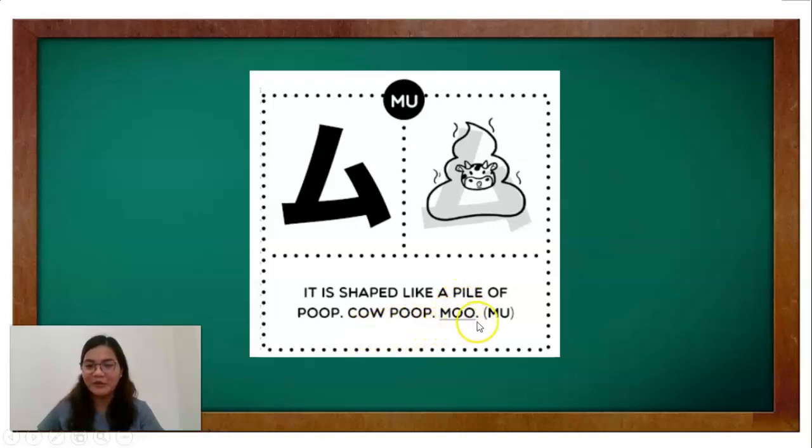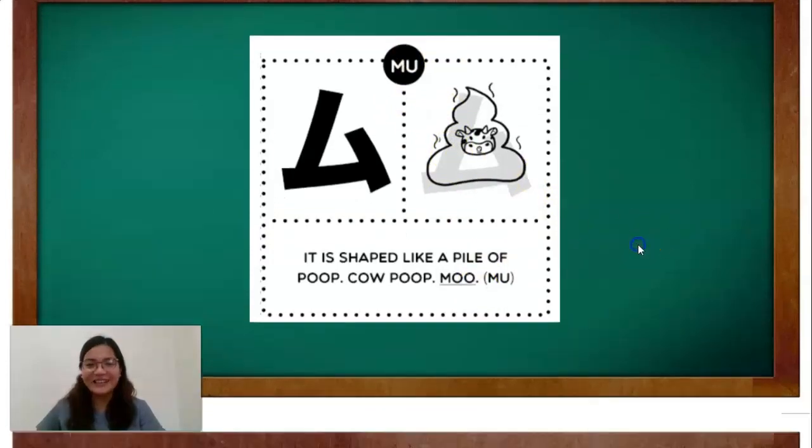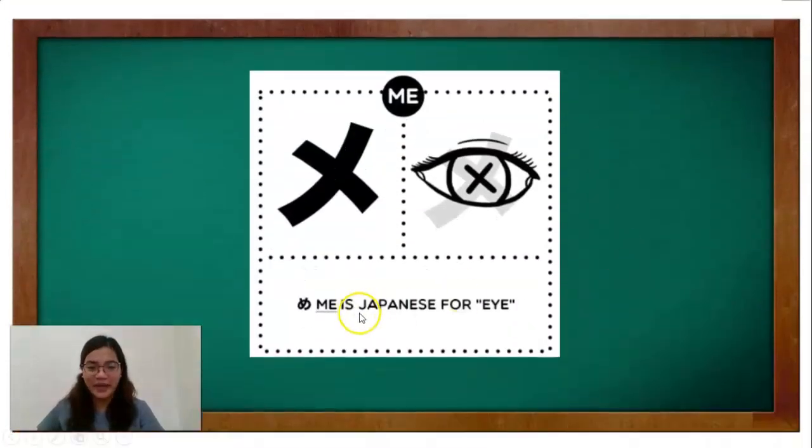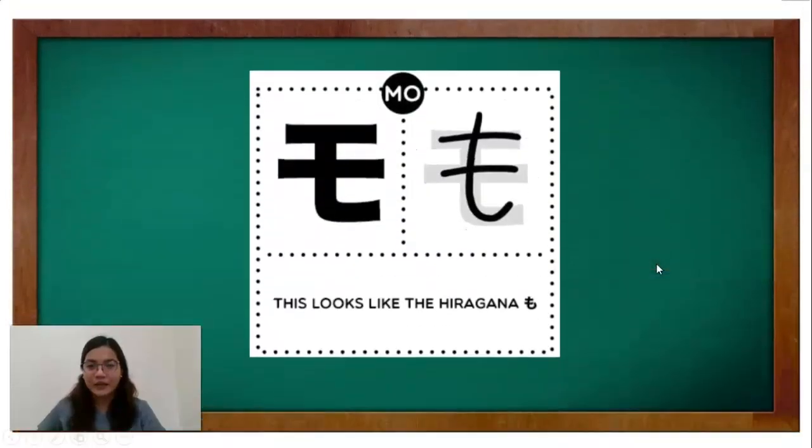So moo as in moo. Okay? Next, me. Me is Japanese for eye. So that is an eye sign. Me.